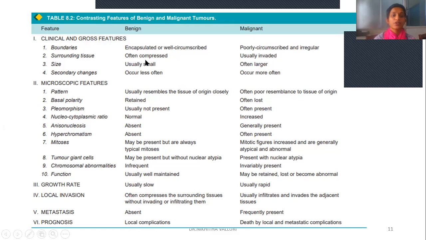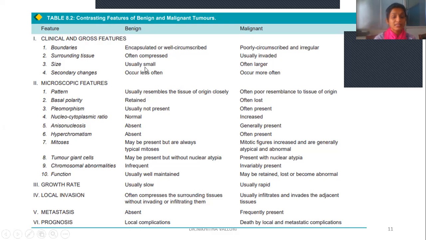The surrounding tissue is often compressed by the benign tumor; if its size increases, it causes compression of the surrounding tissue. Malignant tissues usually invade, that means they spread to other parts.